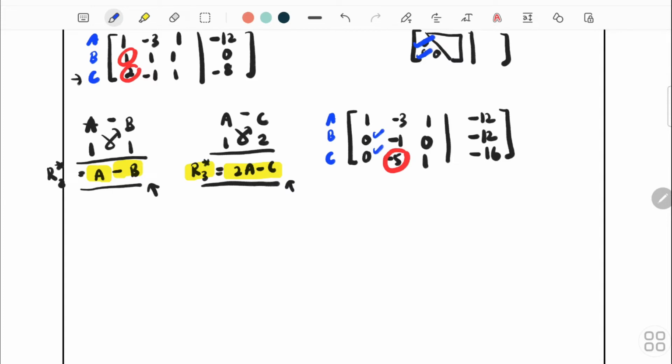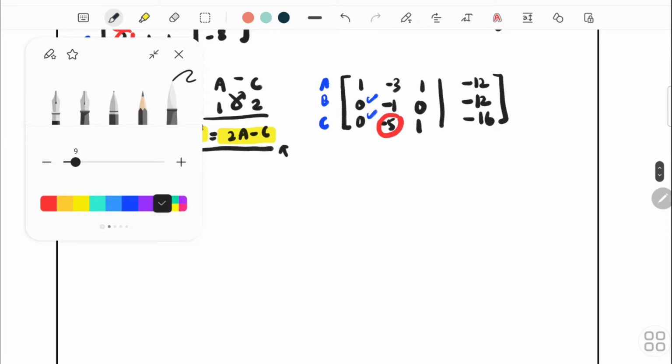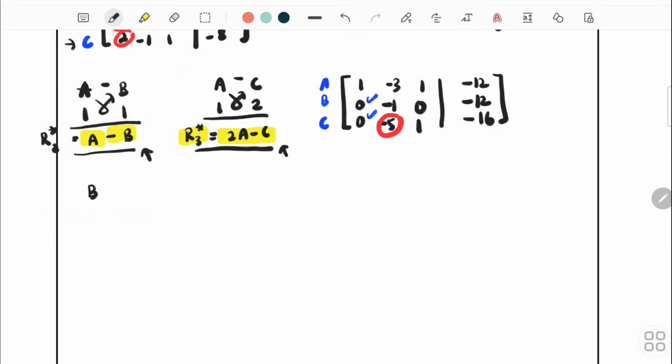Row B will be our reference value, so the operation here is that we pair B and C, where the elements for the second column are -1 and -5, and you do the same process. So you get -5B minus... okay, sorry, this is slightly a mistake.